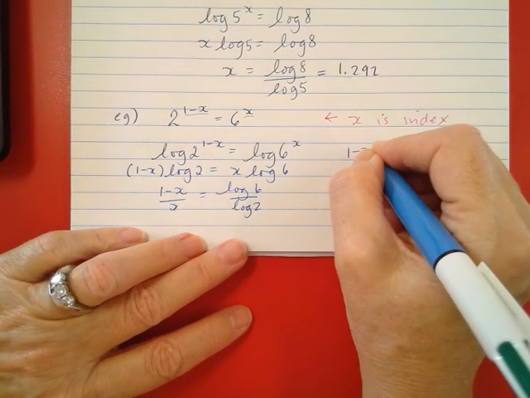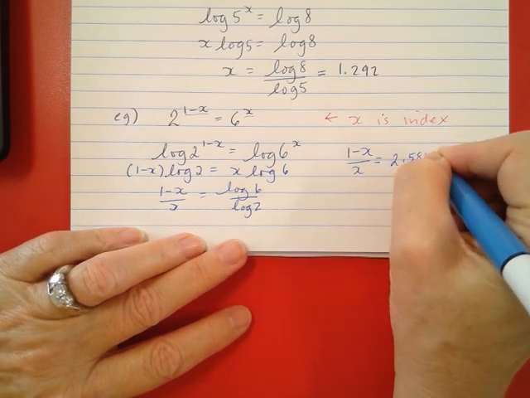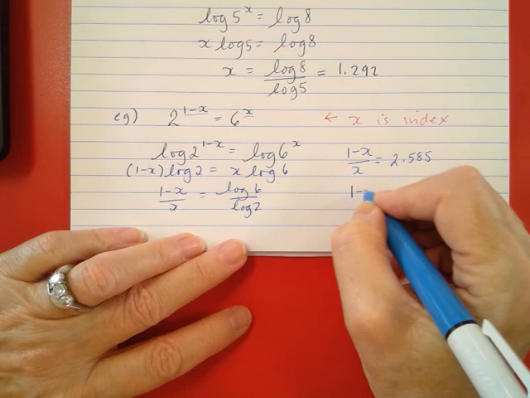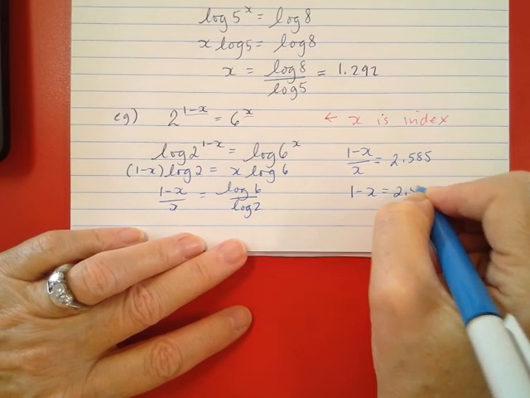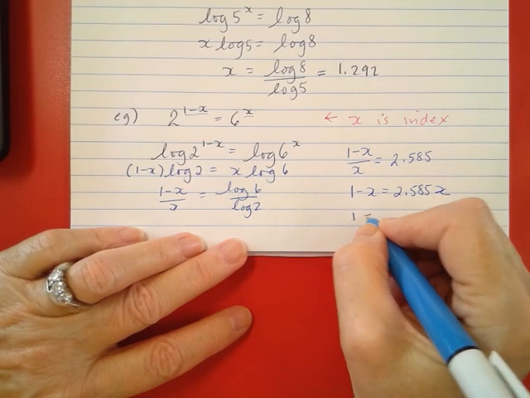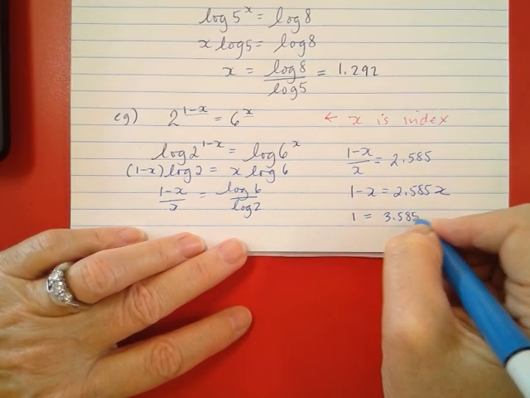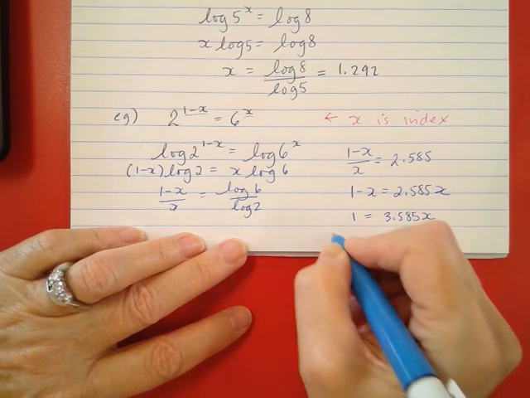So I get 1 minus x over x equals 2.585. Then I might multiply by x, and then add x, and then divide.